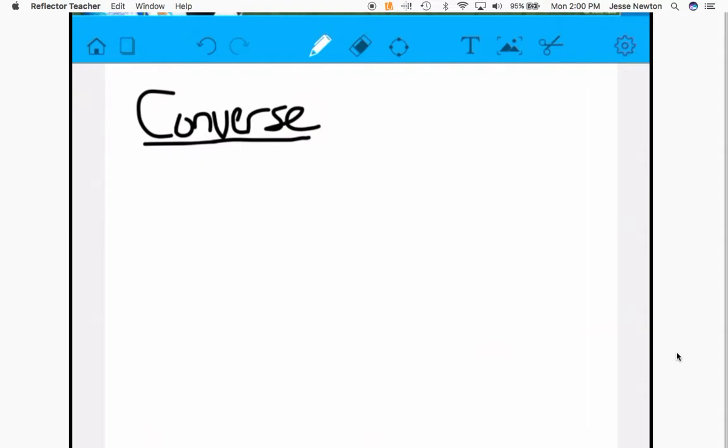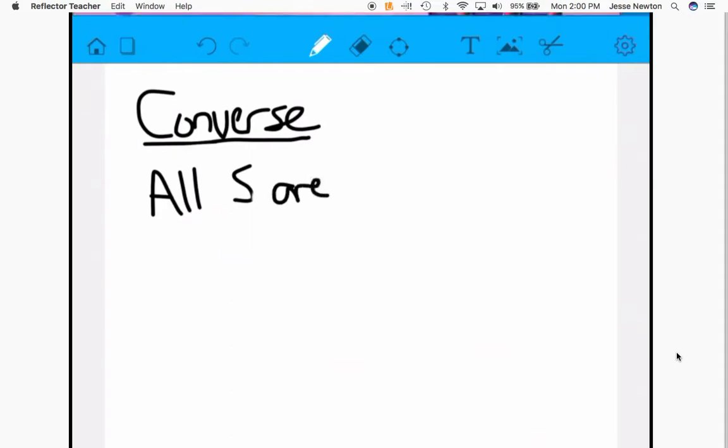So in any event, a converse of a proposition is basically when you swap the predicate term with the subject term. So if you were to take a statement like the following: all S are P. Its converse would be switching the subject and predicate.